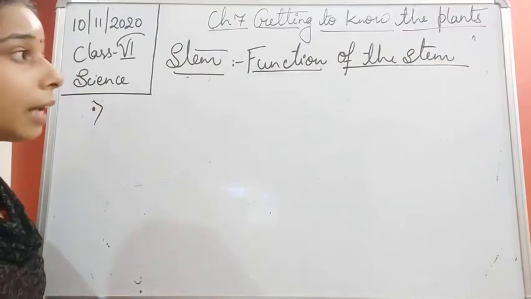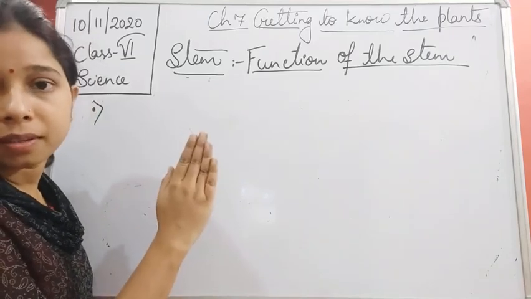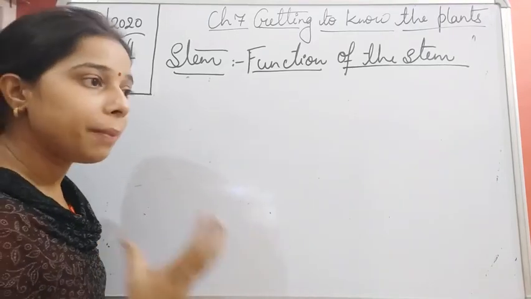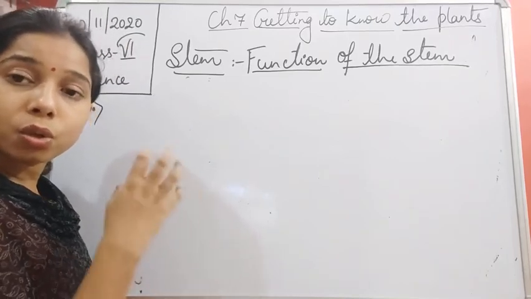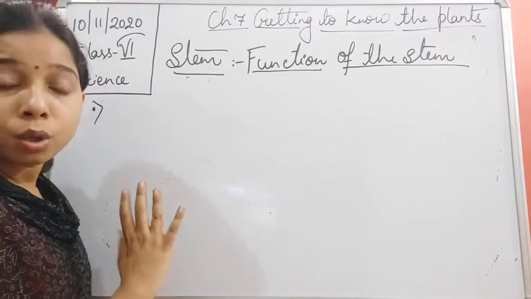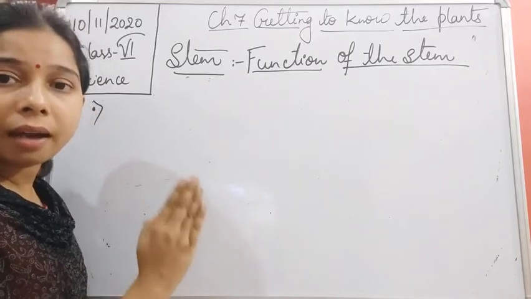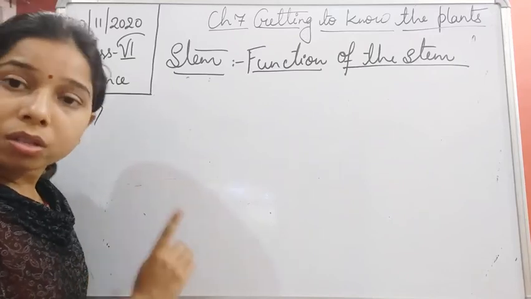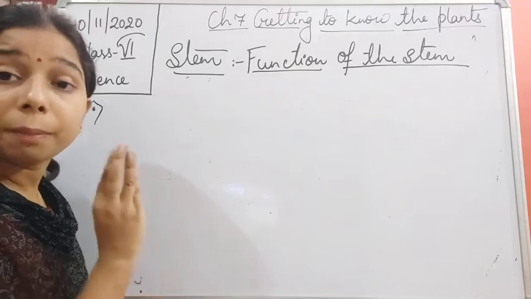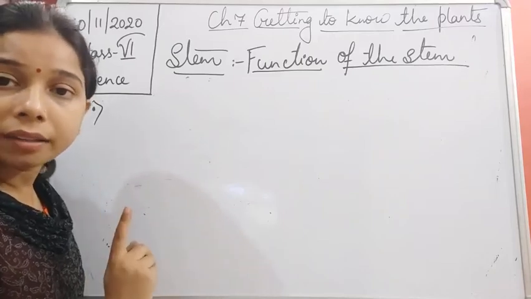If you see the stem, it stands upright, and everything, whether it is the branches, the leaves or the fruits, is present on it. So first of all, the role of the stem is to stand upright or erect. Because of the stem only, students, the plant can stand upright or erect.